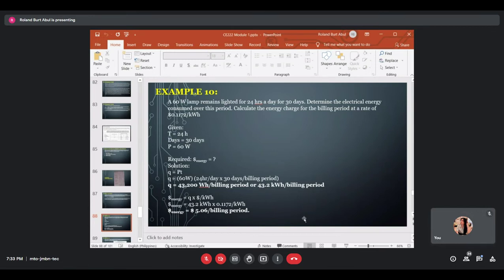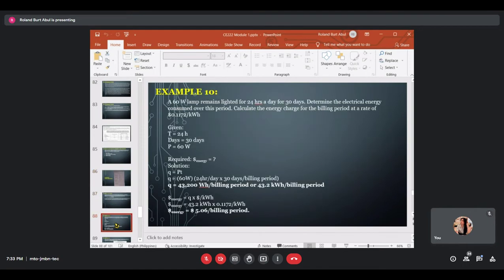Those three. And the rate, sir, 0.1172 per kilowatt hour. That is dollars per kilowatt hour. It is called the unit cost of electricity.